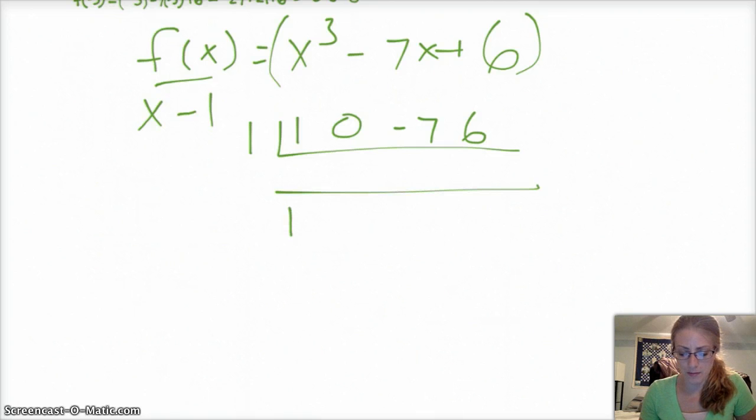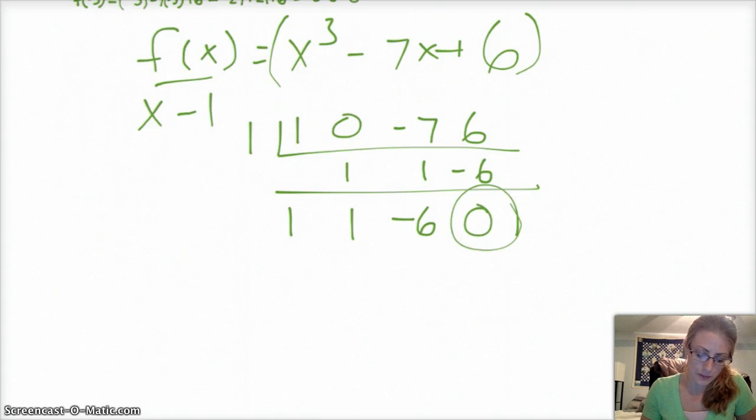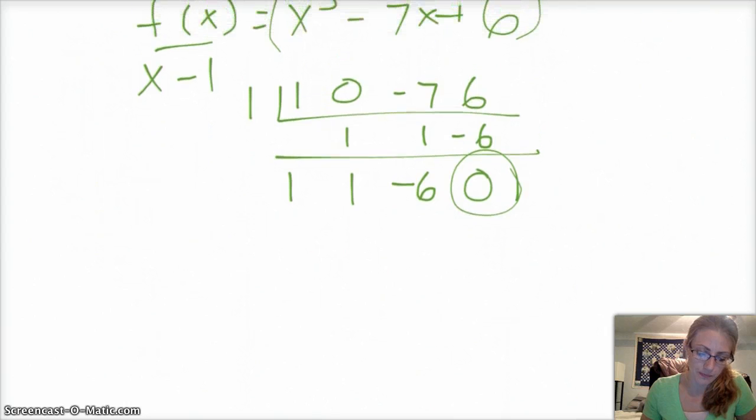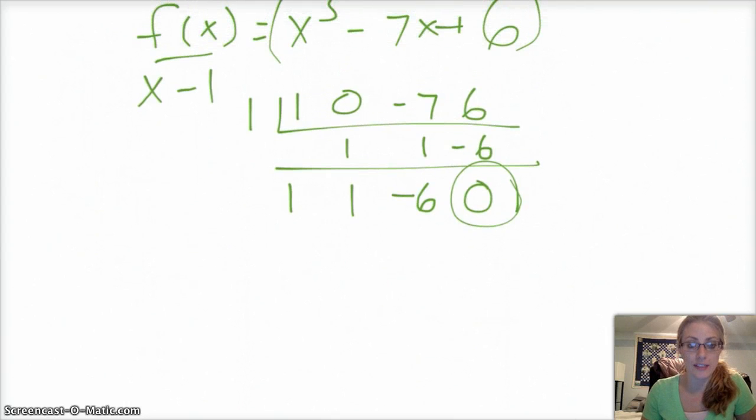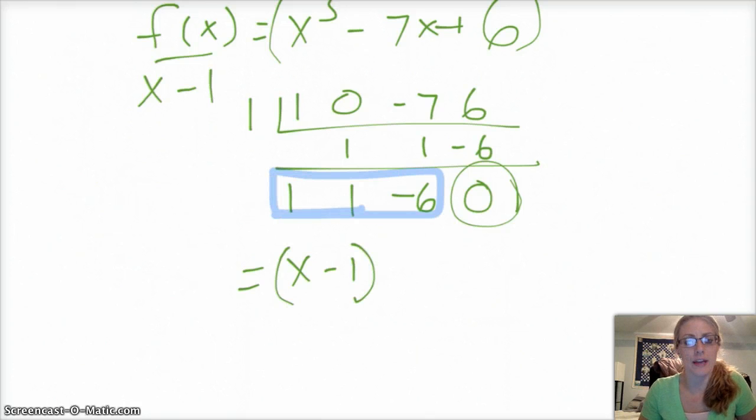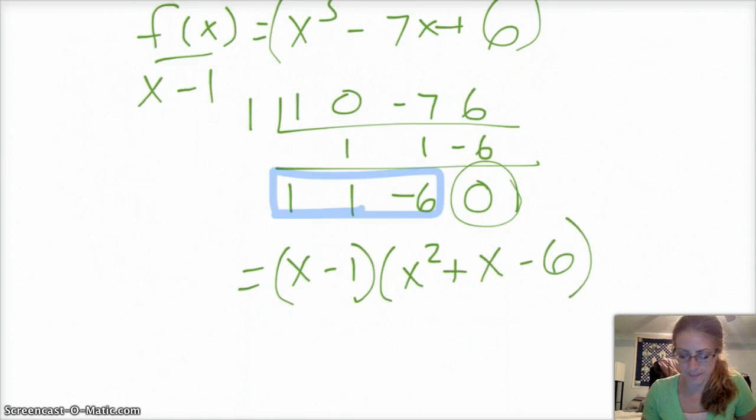Add down, multiply, add down, multiply, add down, multiply, and add down, and you get 0. So what this means is that I can rewrite f of x as x minus 1 times whatever my quotient was. And I started with x cubed, so it should be x squared plus 1x minus 6.